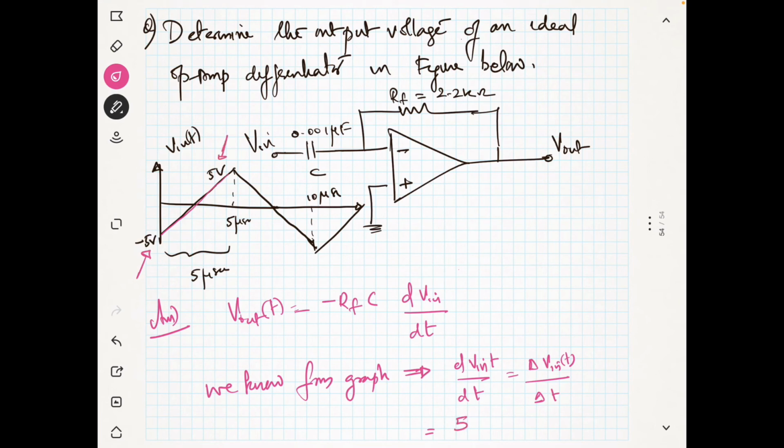So maximum value minus minimum value, divided by delta t. And what is delta t? It is happening in 5 microsecond. So this is nothing but 10 volt divided by 5 microsecond.